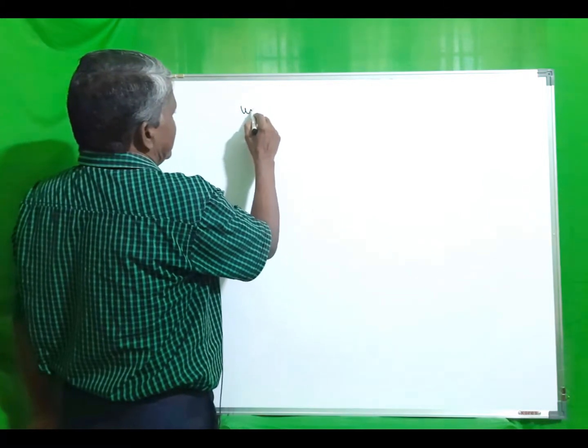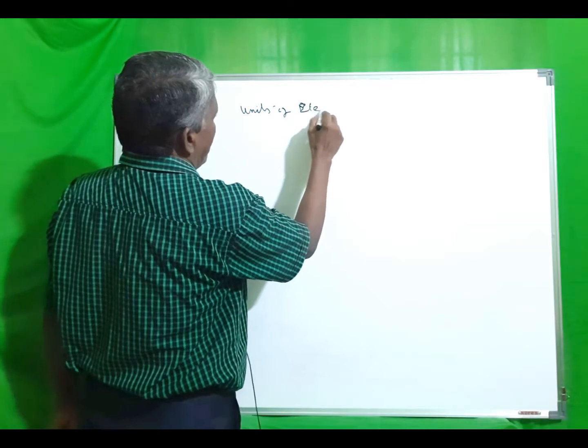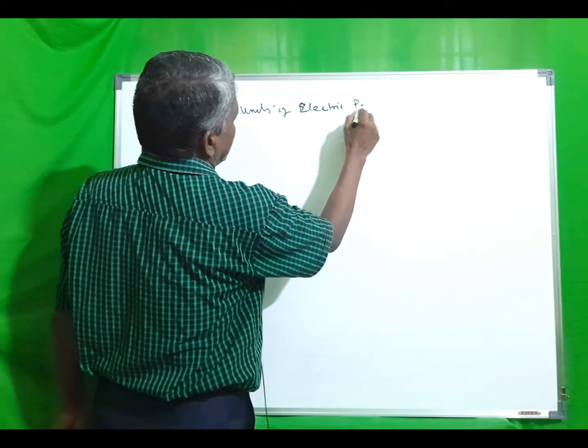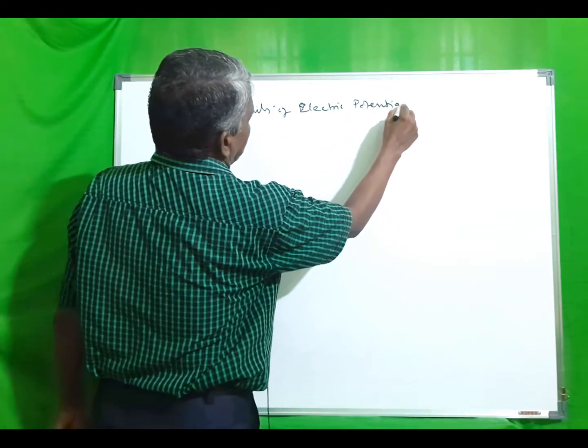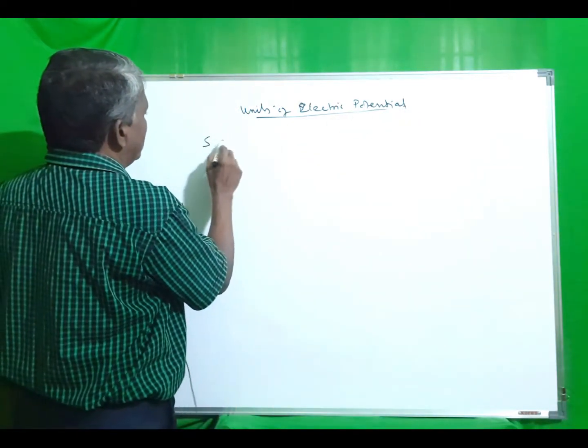Units of electric potential. The SI unit is volt.